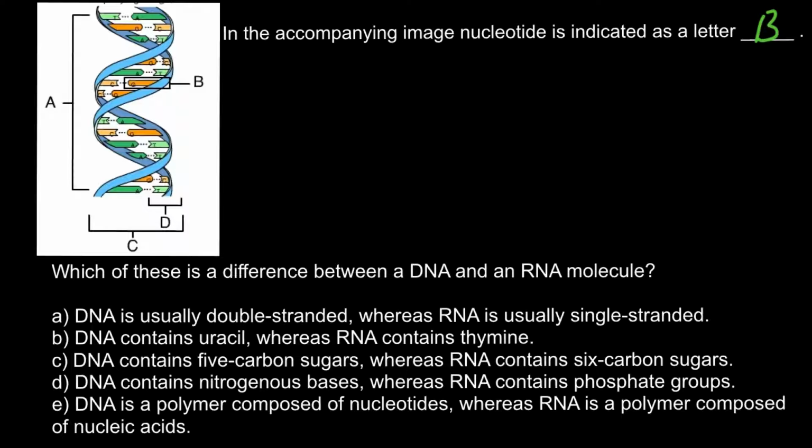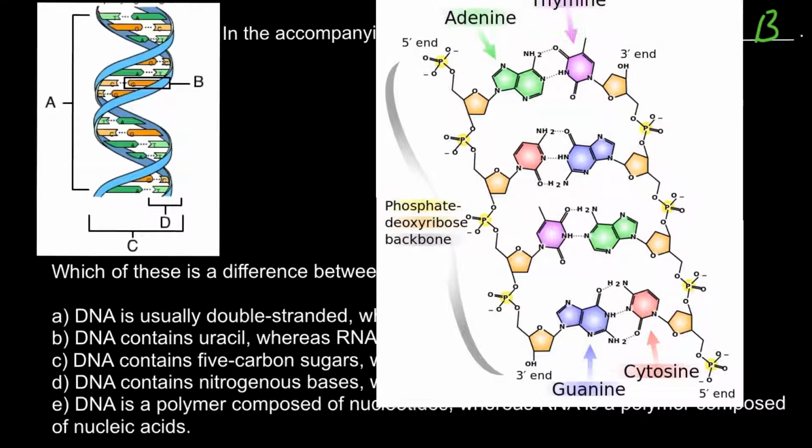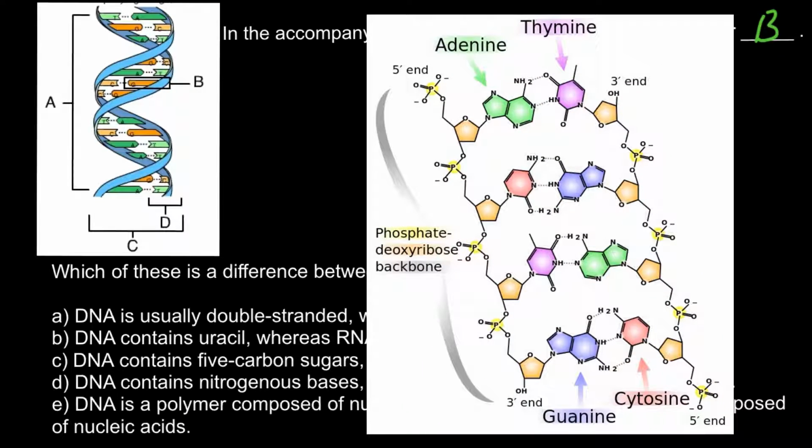And this picture would help me to explain what a nucleotide is in more detail. Each nucleotide consists of three elements. First would be phosphate group, second would be sugar, and base. So all these three elements make a nucleotide.